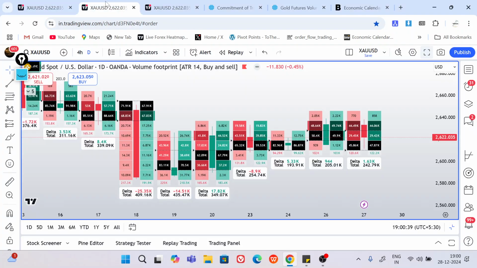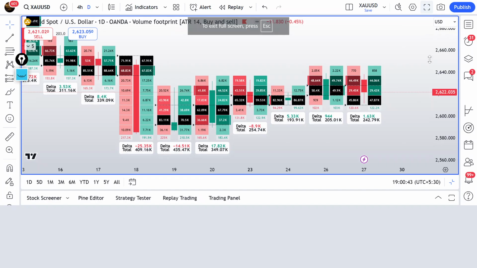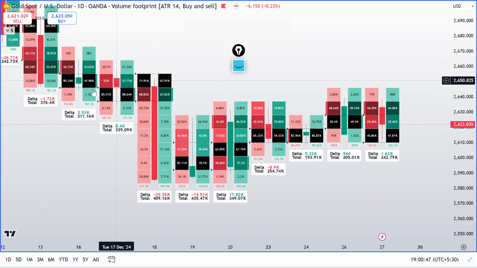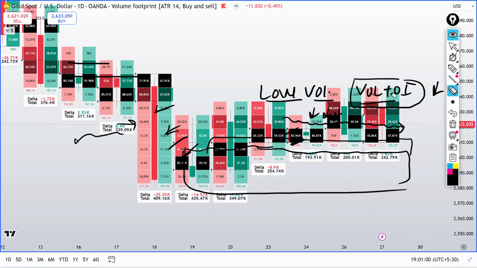And also if we check the volume and delta from the footprint on the daily candlestick chart, let me show you, starting from the previous week, from Monday 16th.